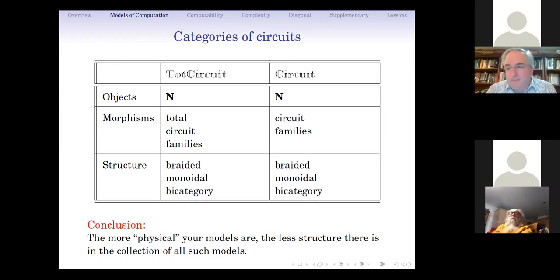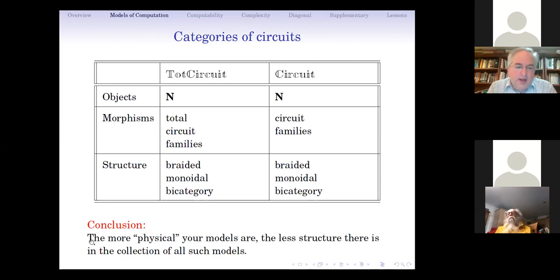Now it has a monoidal structure, and that monoidal structure is basically taking one circuit and another circuit and putting them side by side. The disjoint union, the coproduct in the category of circuits. So this also forms a bicategory, and it works.